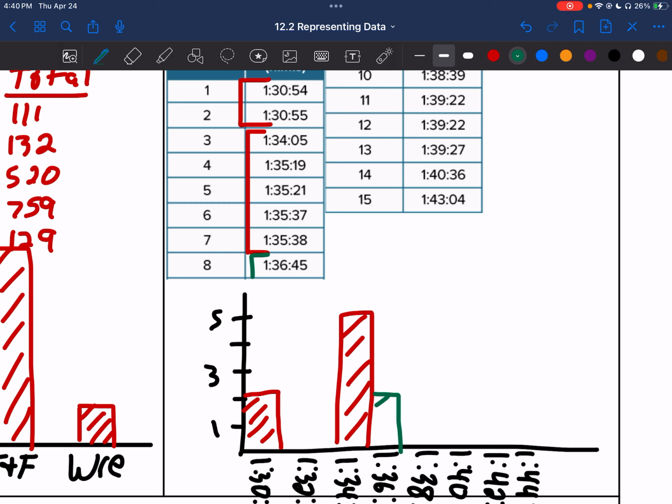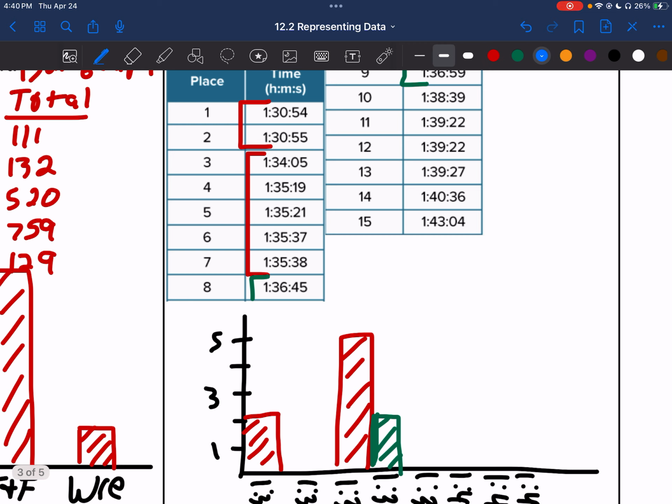And I changed colors just so that you can see how these bars are right up against each other. And so now we go to a new color. Our next interval is 138 to 140. So I have 138, 139. So that's 4 more. So we go up to 4, and we have that bar.